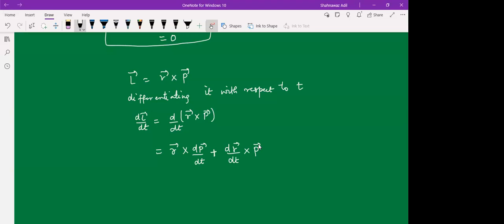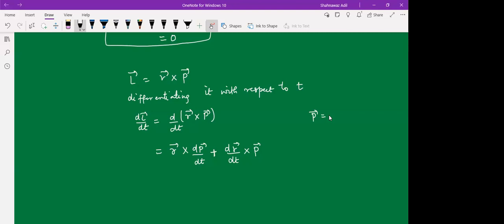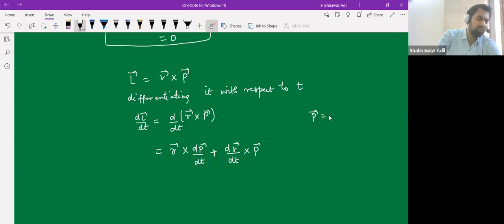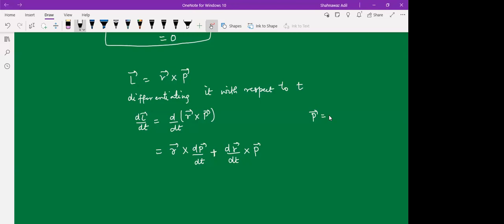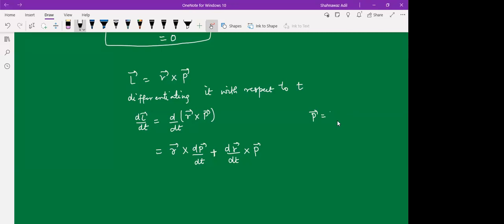Now can you tell me how momentum is defined? What is the definition of momentum? It is the product of two things, mass and velocity.